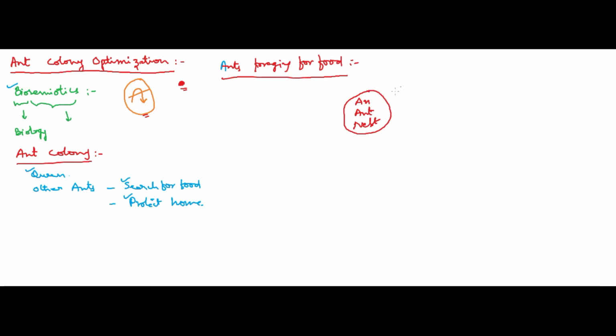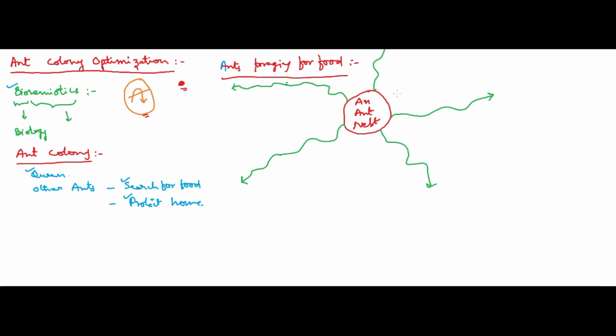Some ants are going in this way. One ant is going in this way and the other ant is going in this way. Similarly, this ant is going in this way, and this ant may go in this way.